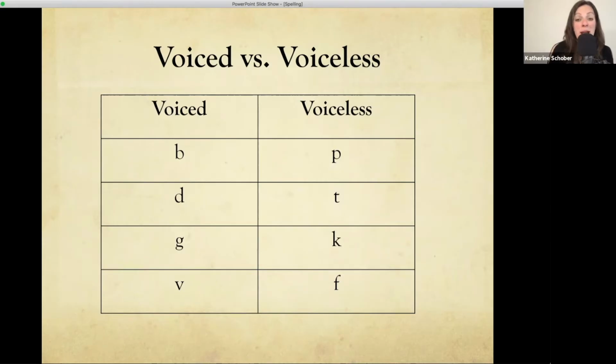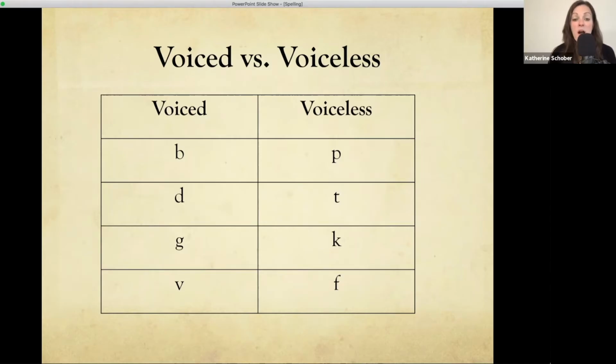So if you're at home right now, make a B sound. Now make a P sound. Can you feel and even see on my own mouth how they're both made at the front of the mouth in the same part? The difference between these two letters is that the B is voiced. Our vocal cords vibrate when we make a B sound, whereas the P is voiceless. Our vocal cords do not vibrate.